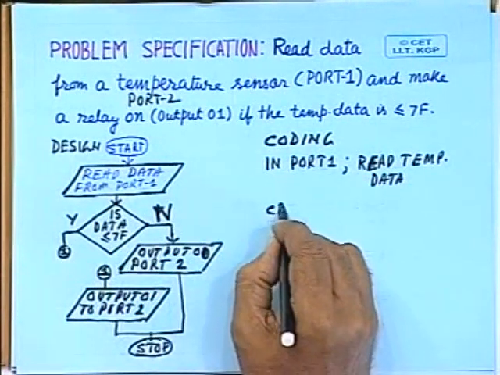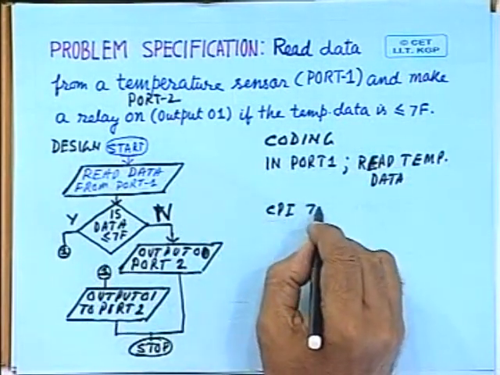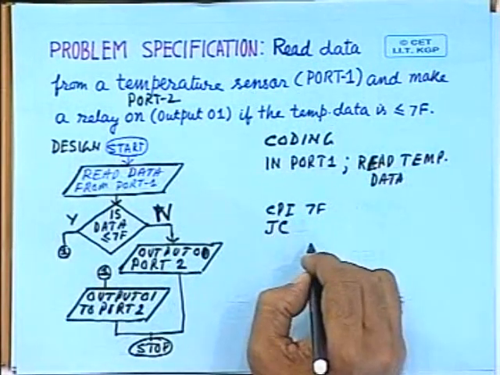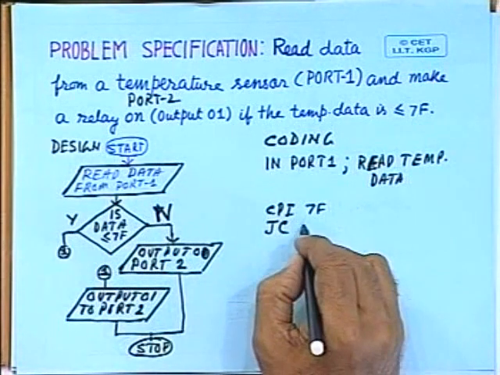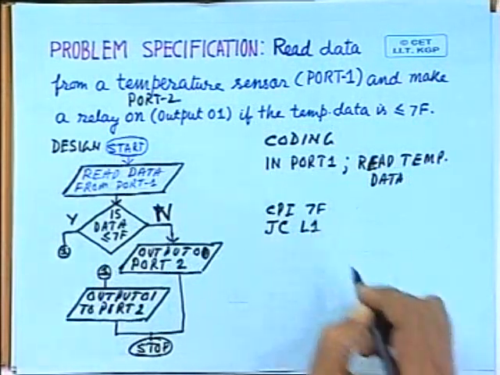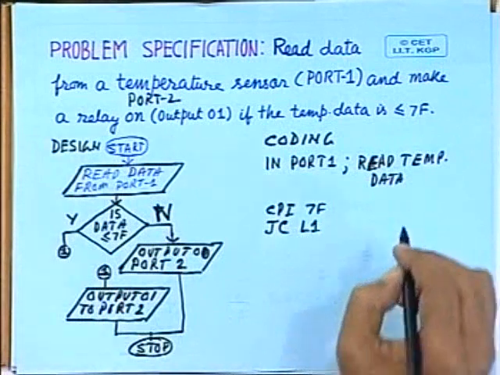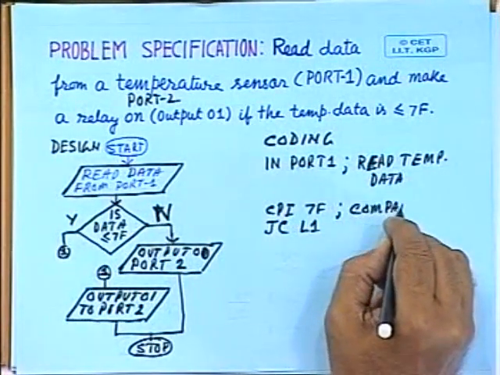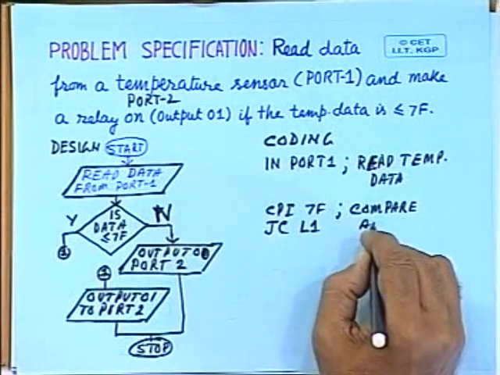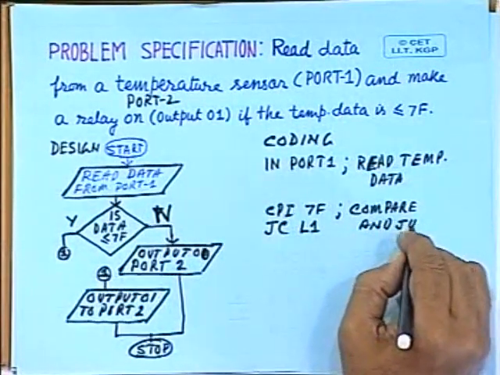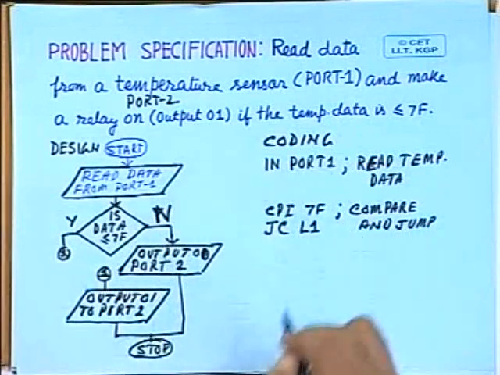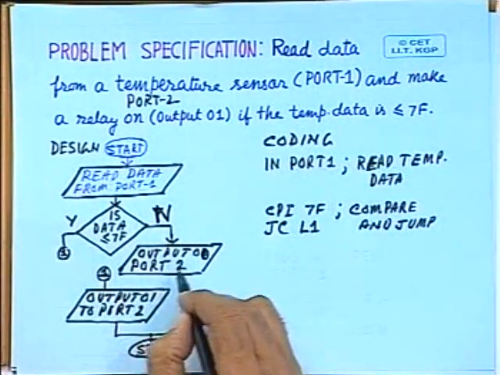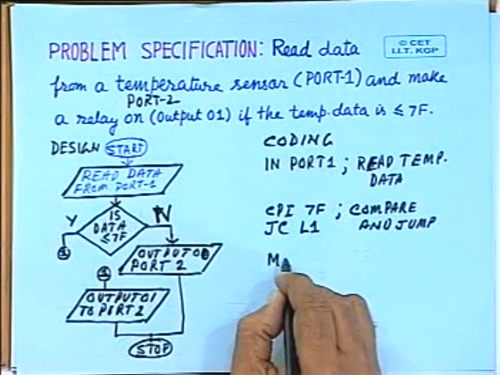So you input the value 7F, then perform a jump operation to, say, loop 1, which will point out that thing. That means here compare and jump to the relevant position. Now in this part, you have to output 01.